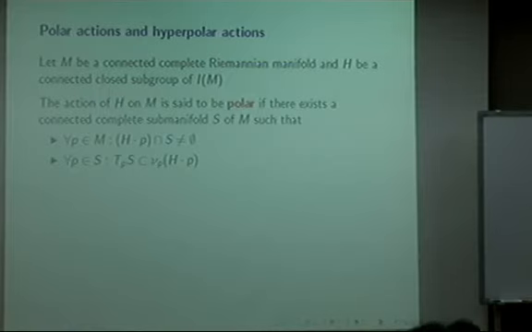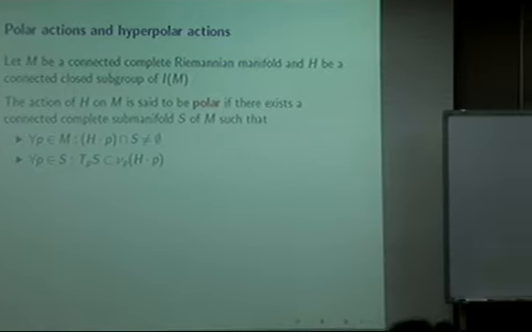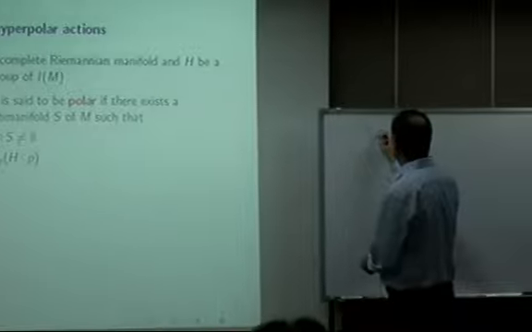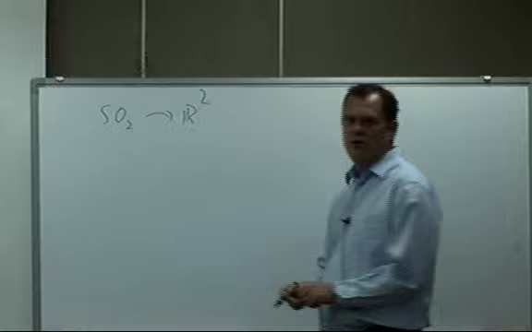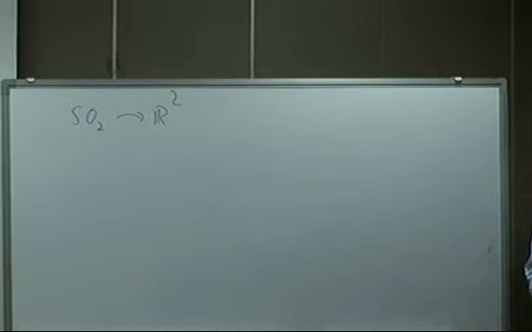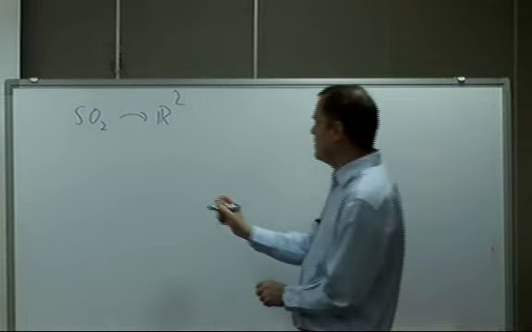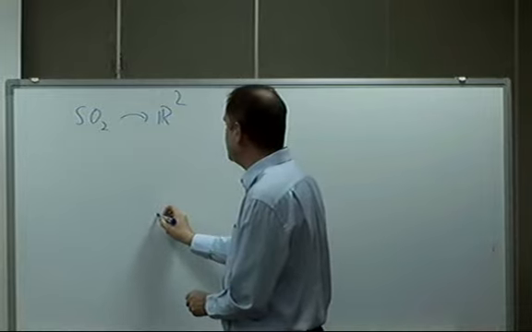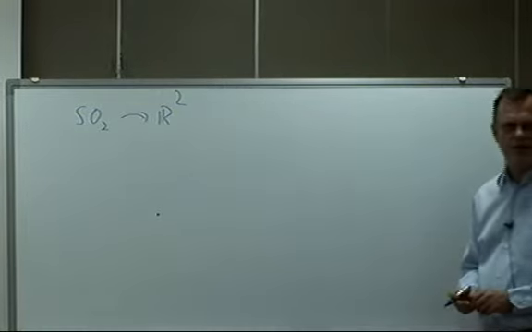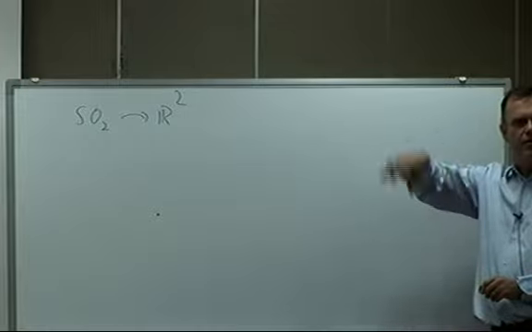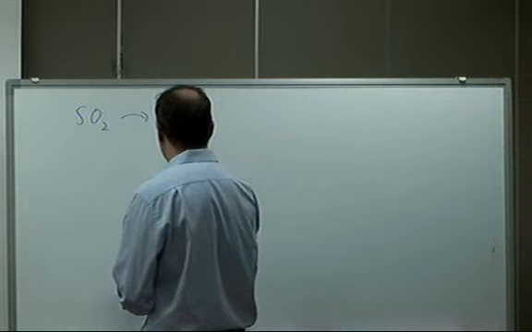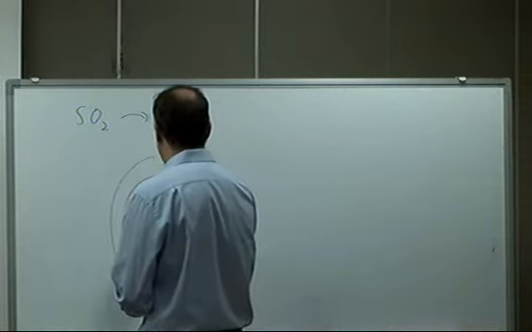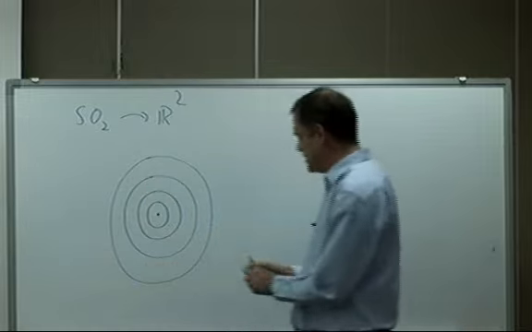which means that the intersection is perpendicular. So the simplest example of a polar action, this is where the name comes from, is the action of SO2 on R2. Now what are the orbits of this? We have a point which is fixed under the SO2 action, and then the rotations about this point. That's what SO2 gives. So we get the circles centered at that point.